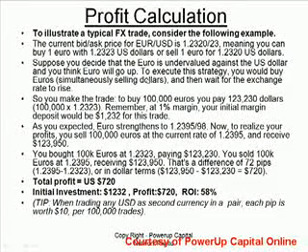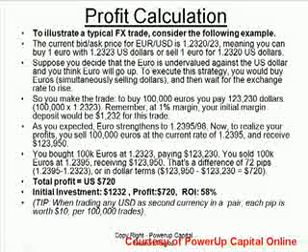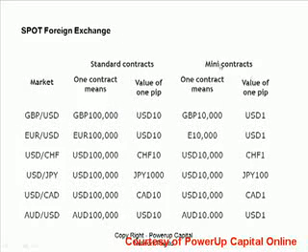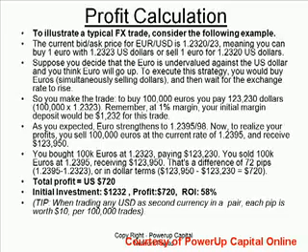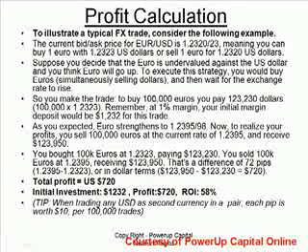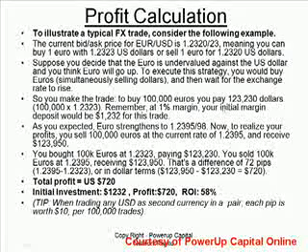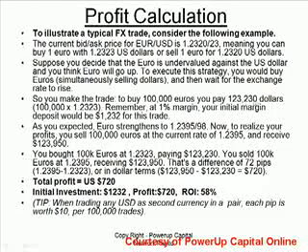So let's say you decide to buy euro because you think it's undervalued. It depends whether you're doing a standard contract or a mini contract. If you do a standard contract, the minimum size is 100,000 euro. If you do a mini contract, the size is 10,000 euro, which is 1/10 of the standard. If I buy 100,000 euro and for every 1 euro I need to pay 1.2323 US dollar, I will have to come up with 123,230 US dollar.